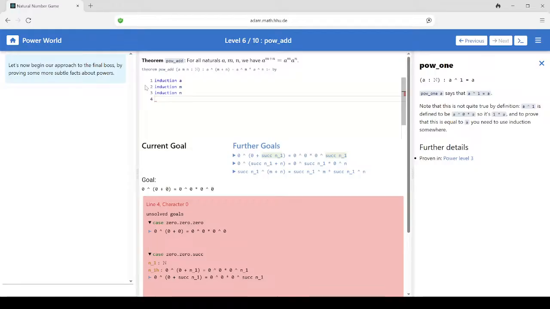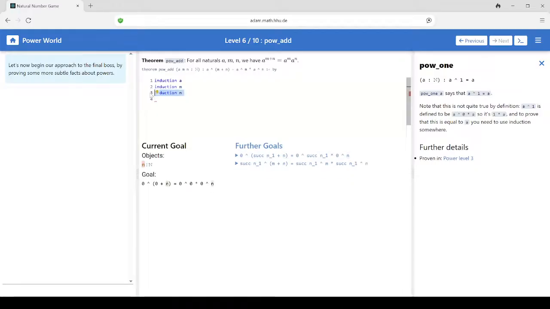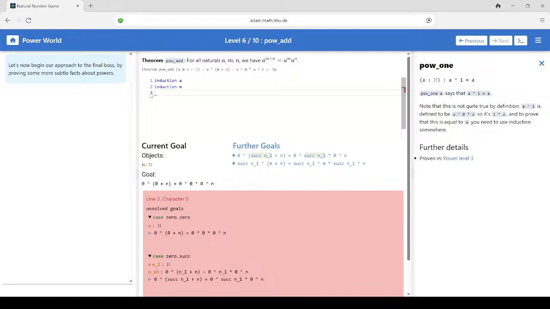Surely. What am I doing? I can't think of anything else, except for trying to do two inductions somehow.